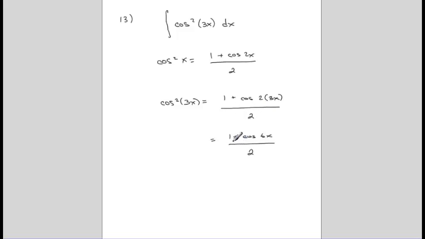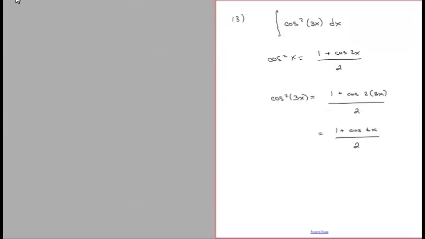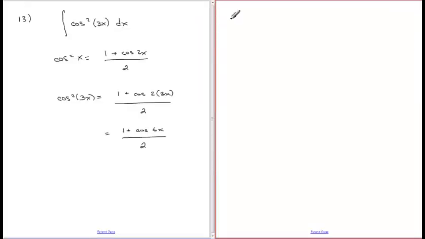So we can replace this with that. So let's go ahead and do that. Let's put it up on the page. So what we're looking at now is the integral of 1 plus the cosine of 6x divided by 2 dx. And we just make that into two separate fractions.